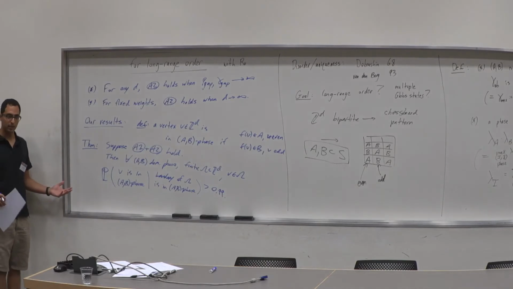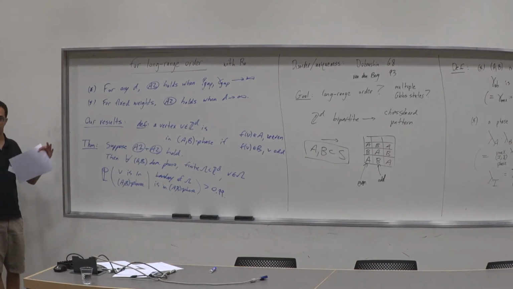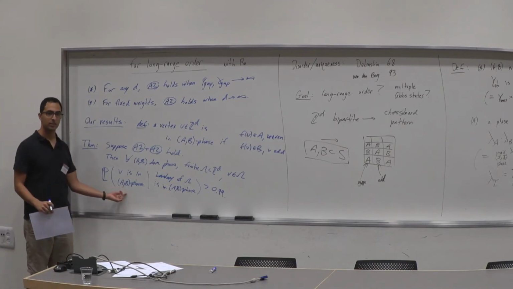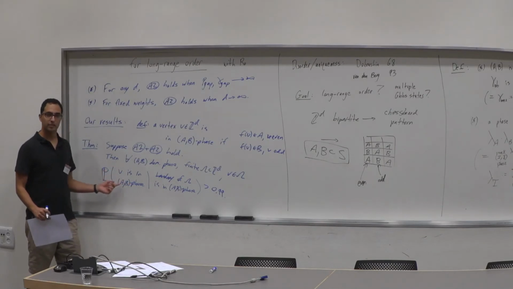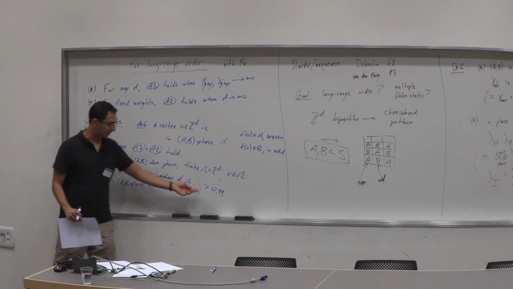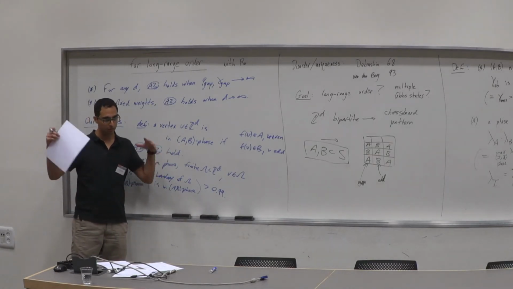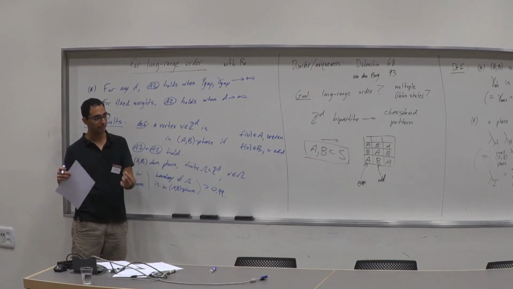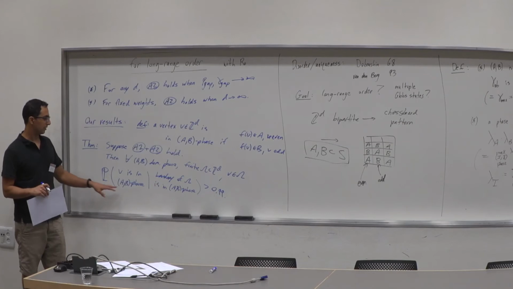Okay, so what this is telling you is that if you force the values on the boundary of a large box to be in some phase, then any fixed vertex inside is likely to conform to this phase. And this is uniform in the size of the box. So no matter how large you take the box, you put these boundary conditions and still any fixed vertex inside is going to conform to this phase with high probability.